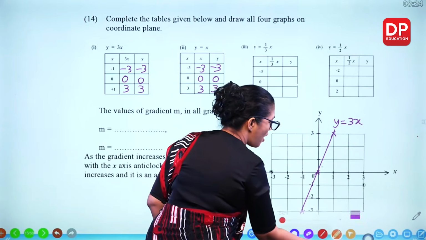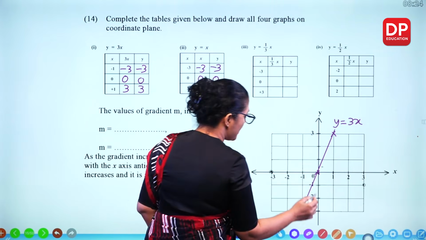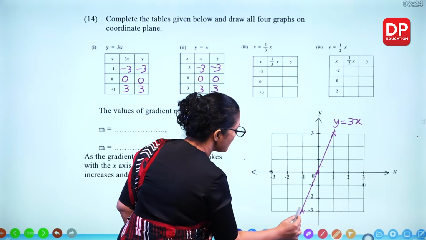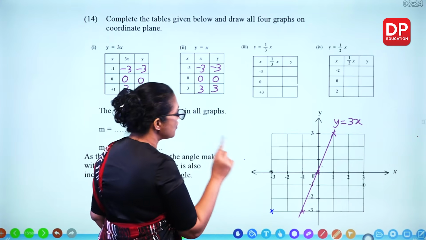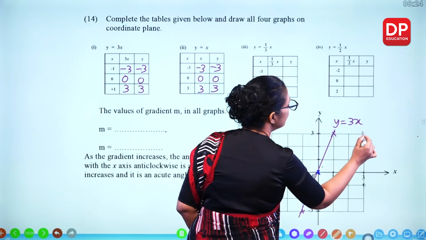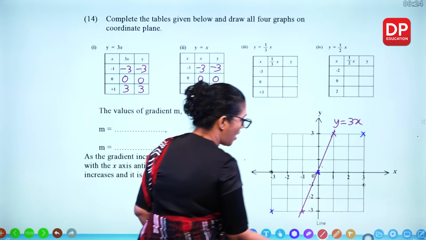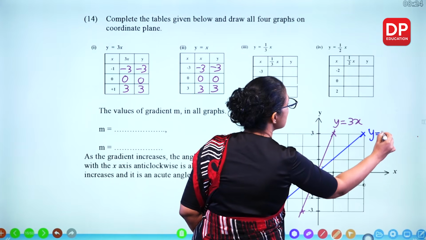Now mark the points: -3, -3. 0, 0. 3, 3. Now when you mark and connect, you get a straight line like this. This is the y equals x line.